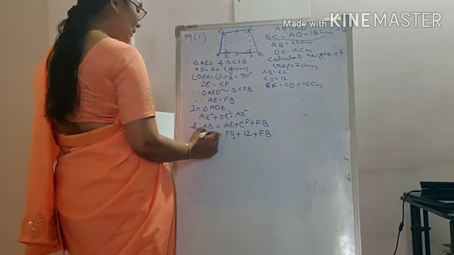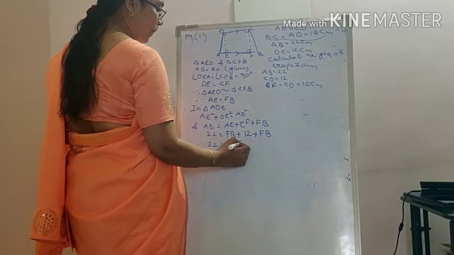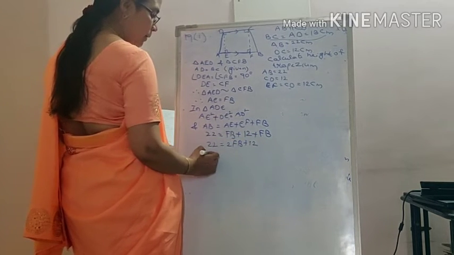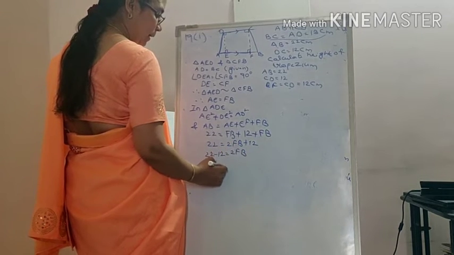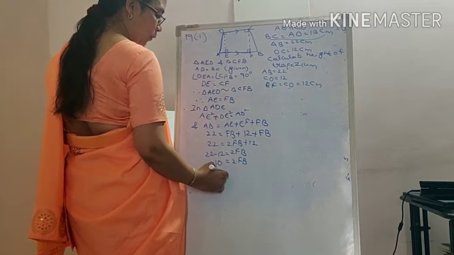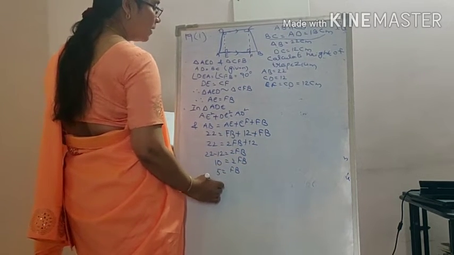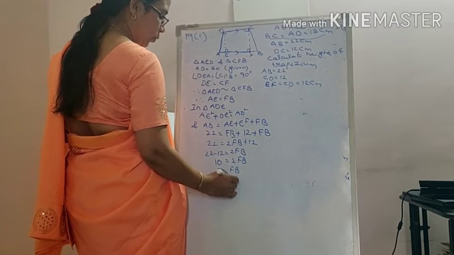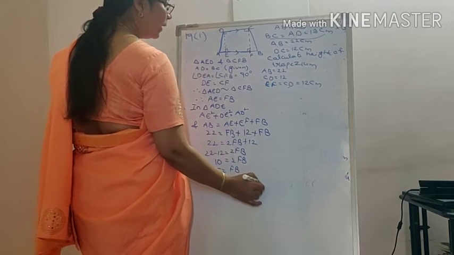So AB, we know that it is 22, is 2FB plus 12. So 22 minus 12 is 2 into FB. 10 is equal to 2 into FB. So 5 is equal to FB. That means we can say that AE is equal to BF is equal to 5 centimeters.